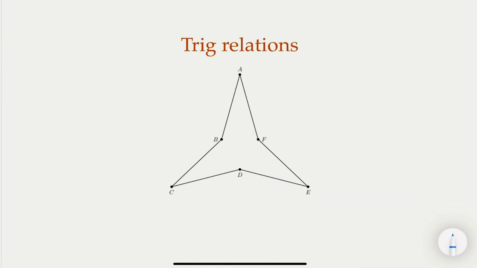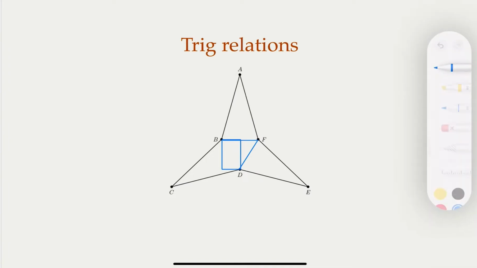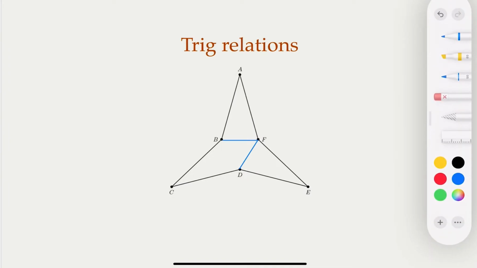So let's figure out the relationship here. For this, let's connect here, because we know the area. We're given that the total area is 6 square root of 3.